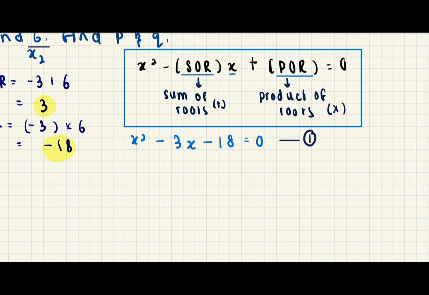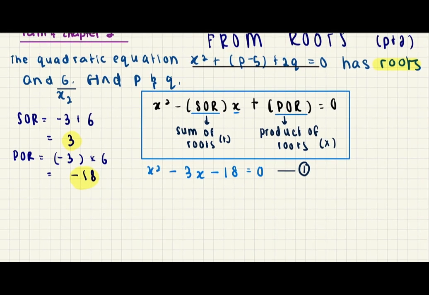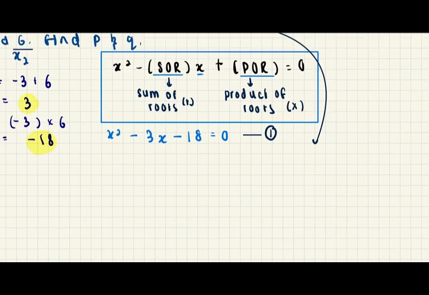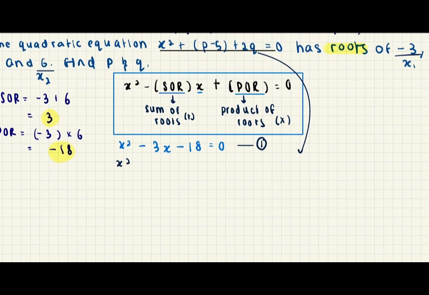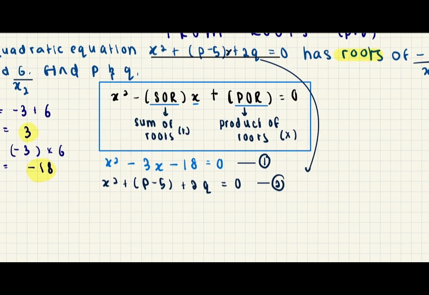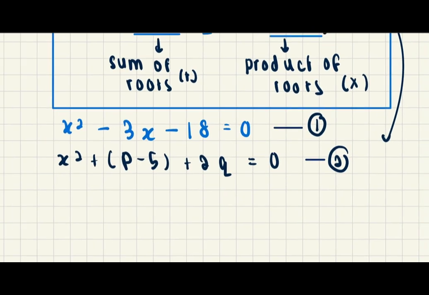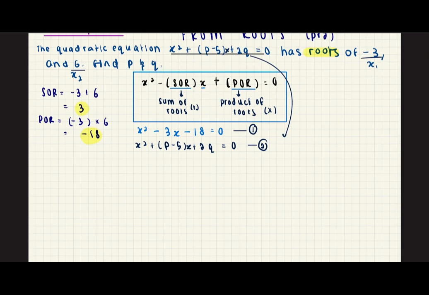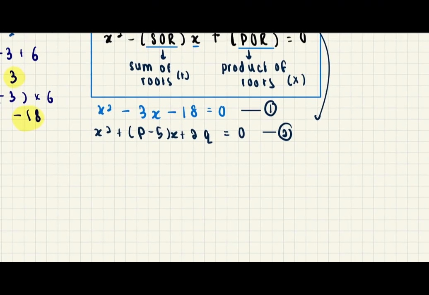Now we take this equation from the given question: x squared plus (p minus 5) x plus 2q equals 0. This is our equation 2. Sorry, in the question actually there's an x here, because otherwise it wouldn't be quadratic. Alright. So these are our 2 equations.